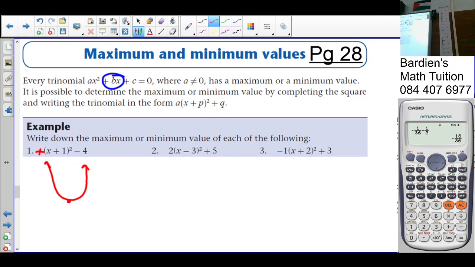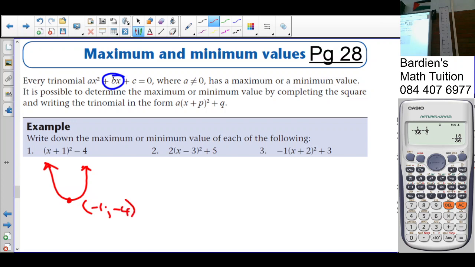This turning point here can be read off from here. When we do graphs, I'll do this on the graphing program and you can see the link. For now, we're just going to accept it as it is. You see a is positive, so the graph is smiling. So this turning point here, its coordinate, sorry, this is positive 1, so it's going to be negative 1 and negative 4.